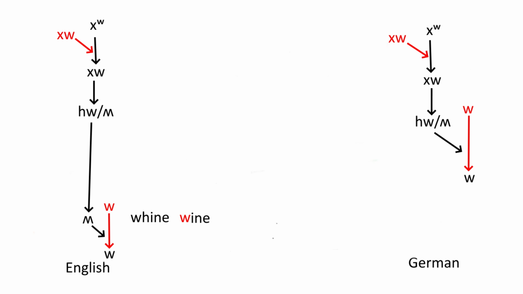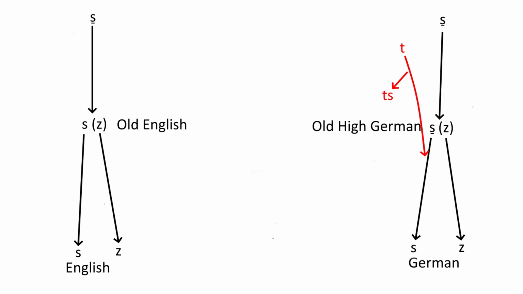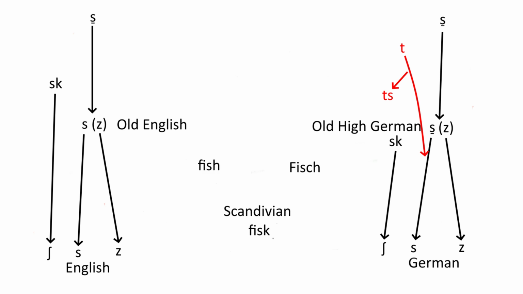Onto s. S was probably retracted a bit to sound something in between an s and a sh in Proto-Germanic. Both English and German voiced the s into a z in some positions, with German generally having done it more often, so compare seven and sieben. Both English and German also turned sk into a sh, so compare English and German fish to Scandinavian fisk.